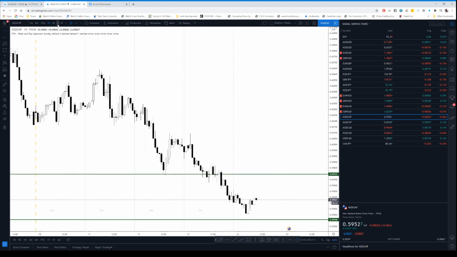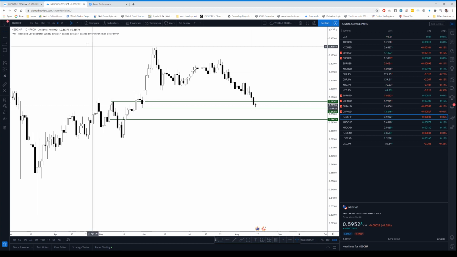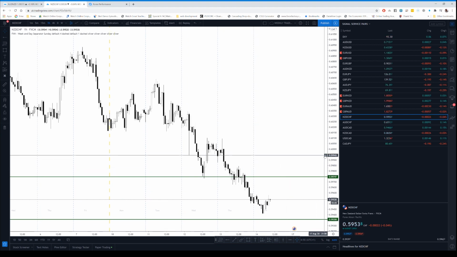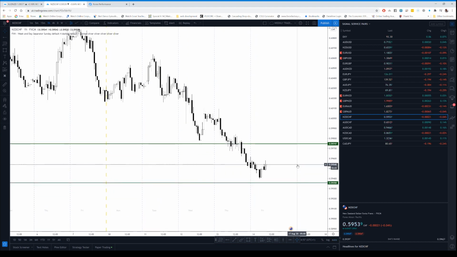Remember, the daily is printing down candles, right? So if we are bearish, or super bearish on New Zealand dollar, chances are we are forming the high of the day, and then we will see a continuation to the downside.